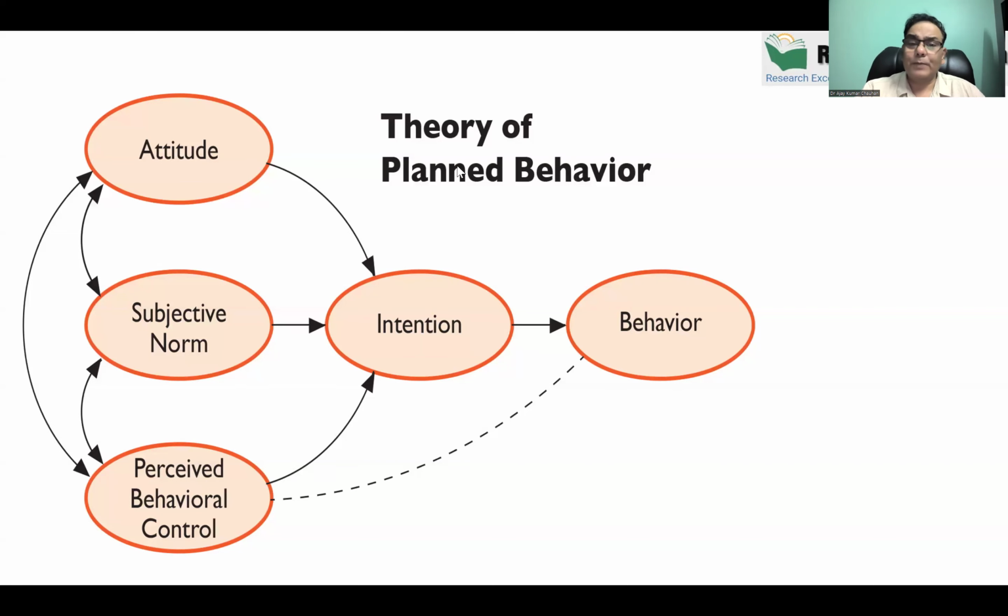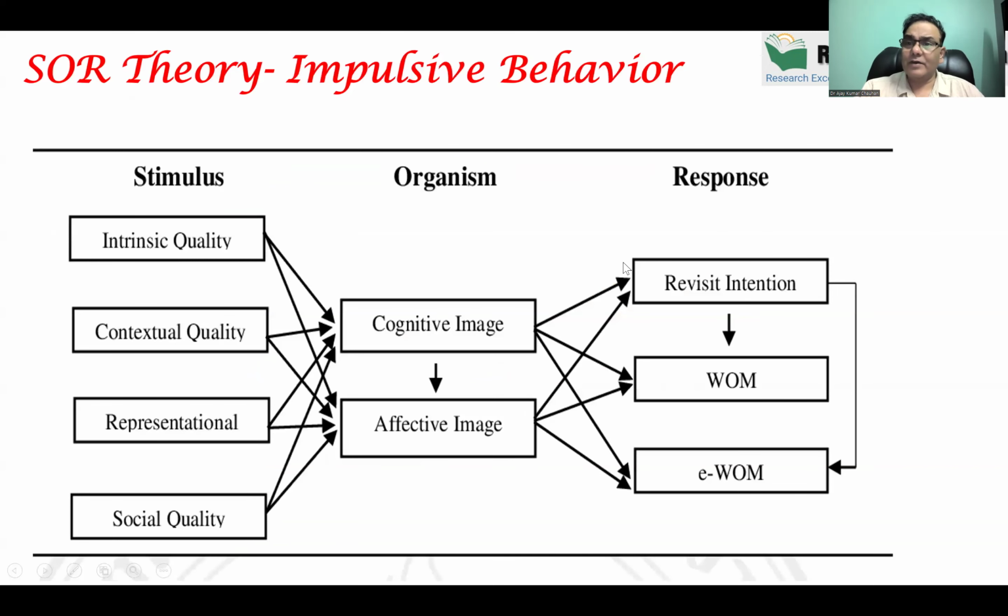Similarly, the planned behavior, right? This is a kind of behavior when you do proper planning to take the decision. Opposite of this behavior is impulsive behavior. एक दूसरा behavior है impulsive behavior. You don't plan, but you do the action.